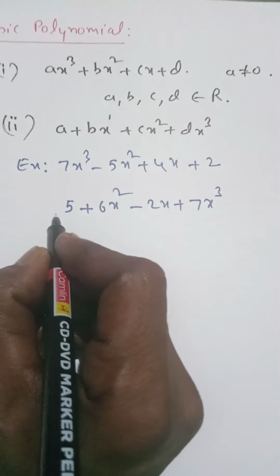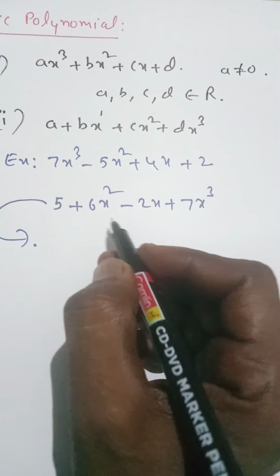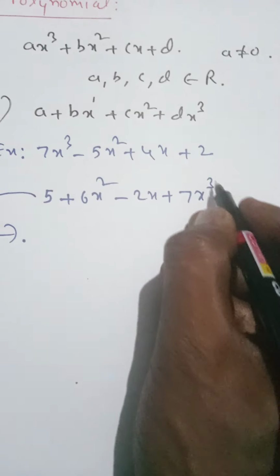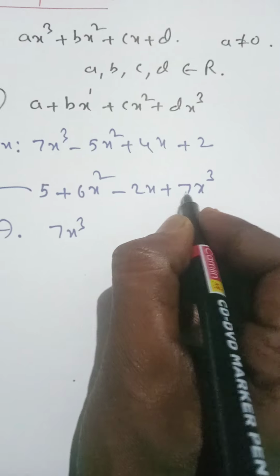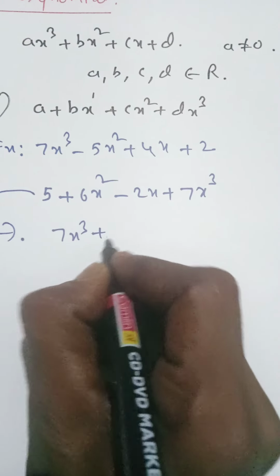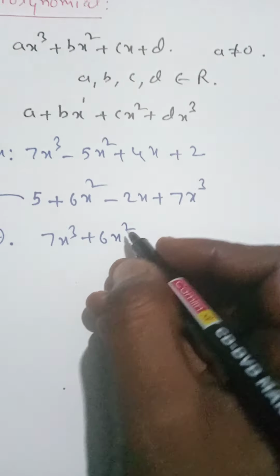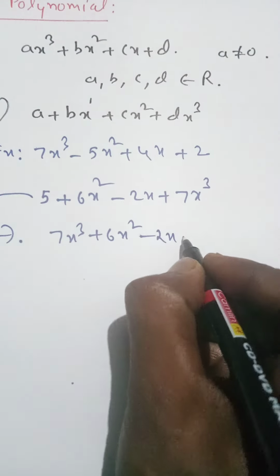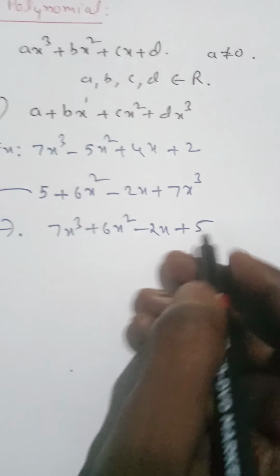So we can bring all the terms into order, whether ascending or descending. If I start with the highest degree term, that is 7x cube plus 6x square, gradually decreasing the power of x, and minus 2x, and the last term is plus 5. All these powers of x are in decreasing order.